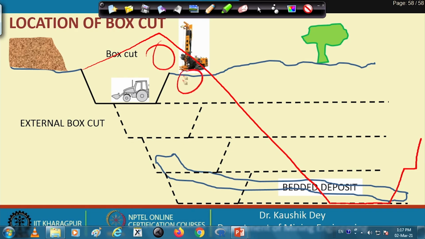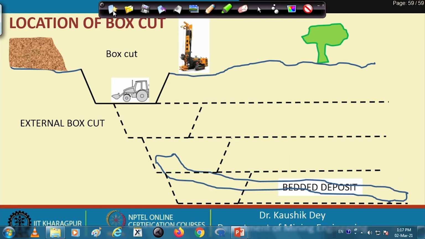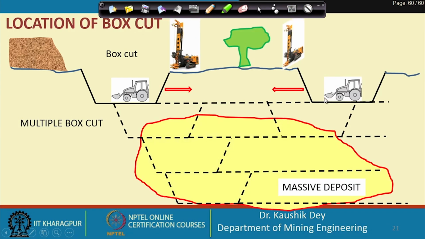This overburden dumped rock will allow us to go for backfilling of the area, and we need not have so much land acquisition. That is the benefit of backfilling, and to exercise this backfilling we have to go for an external box cut. An external box cut is possible if we have a bedded deposit and we are opting for the backfilling technique. We can have multiple box cuts also.